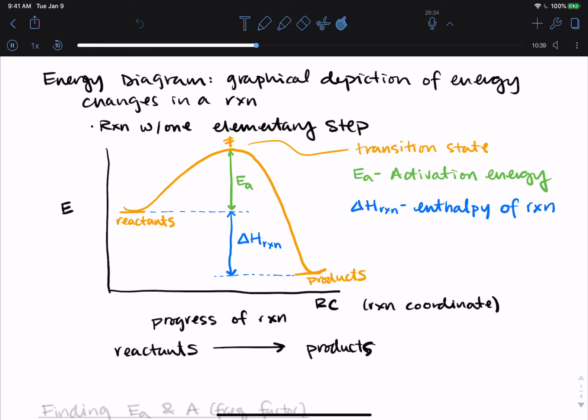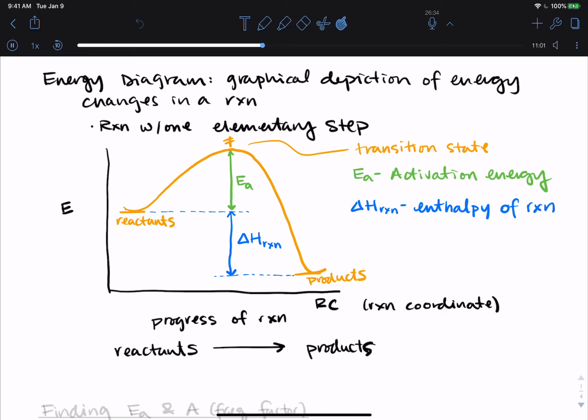You can't necessarily collect it and identify it, but it exists. We have to get to this transition state in order to get the reactants to react with each other and turn into products. So we know now what the activation energy is.